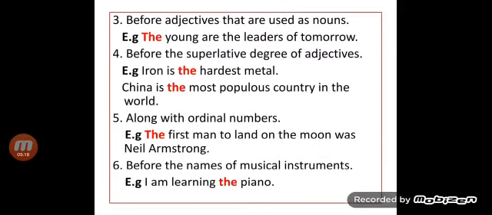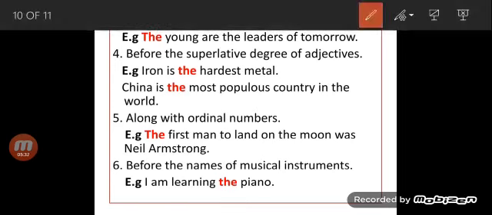Next, before adjectives that are used as nouns. Adjectives are describing words. So adjectives which are used as nouns, in that case we use article the, like the young are the leaders of tomorrow.